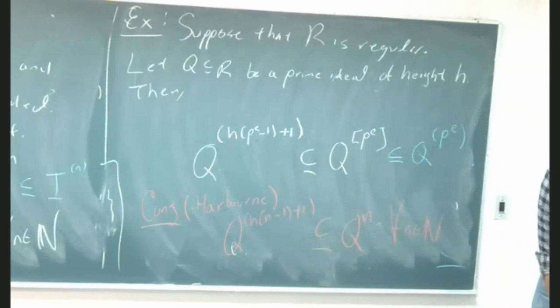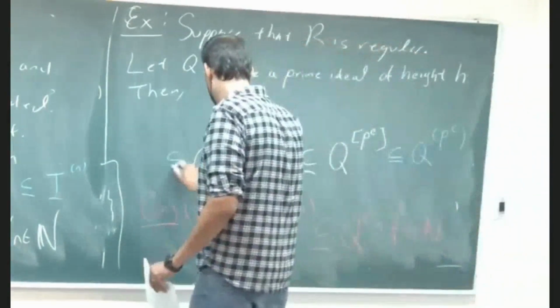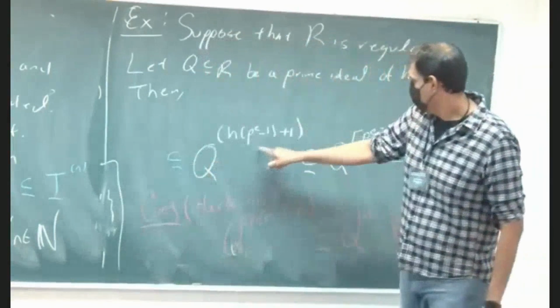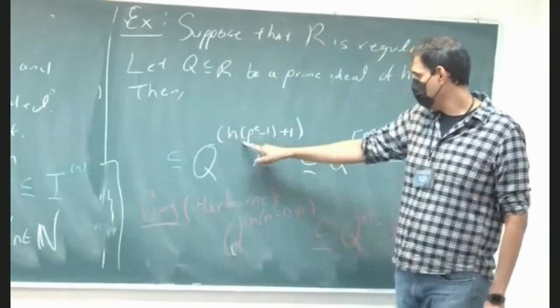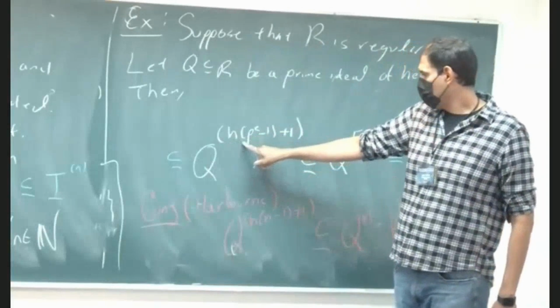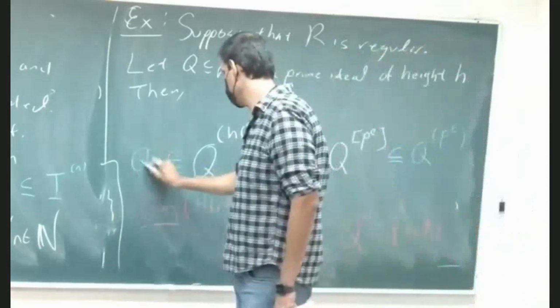Something that I want to mention too here. This is also true. This exponent in the symbolic power is smaller or equal than h times p to the e minus 1 plus 1, so this is contained here.